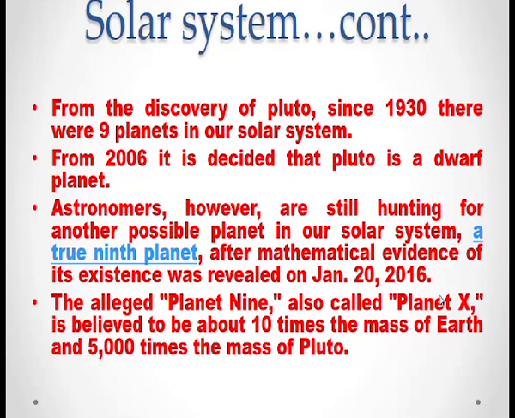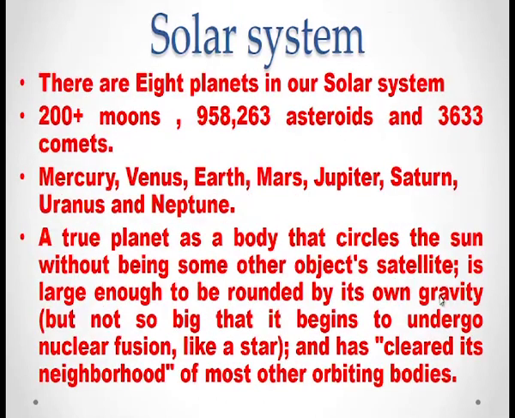That controversy continued till 2006, with arguments given by many astronomers. Finally, in 2006, it was decided that Pluto is not a planet, it's a dwarf planet. So, till 1990 there were 9 planets, and after 2006 there are only 8 planets in our solar system.